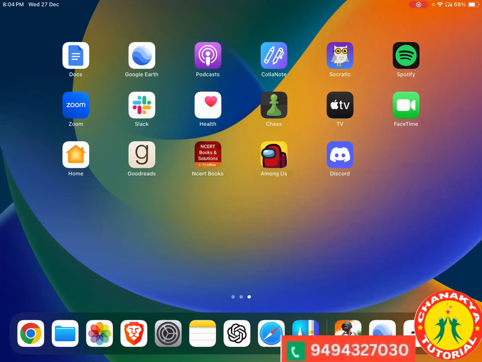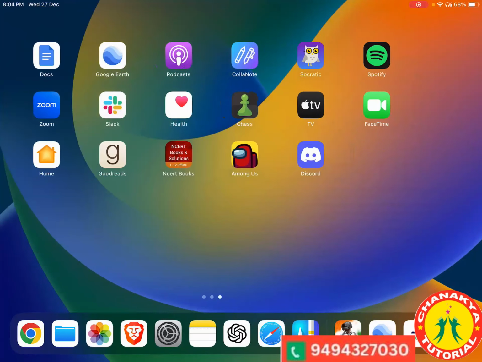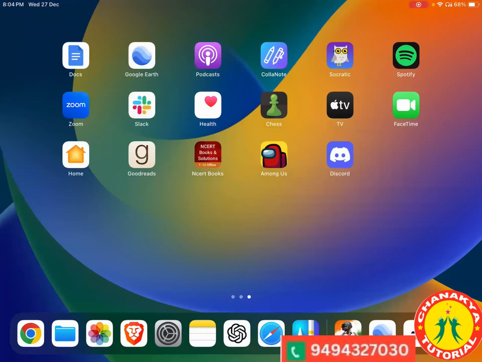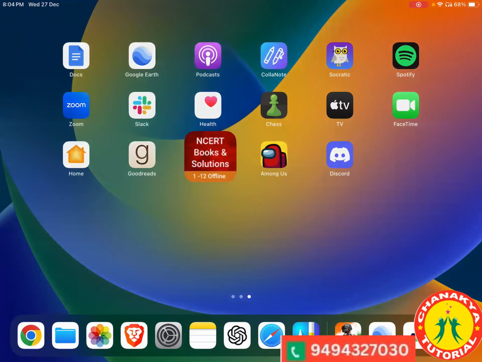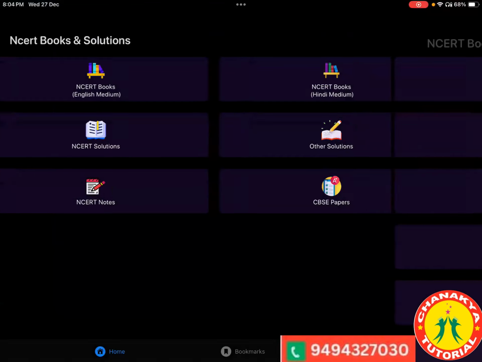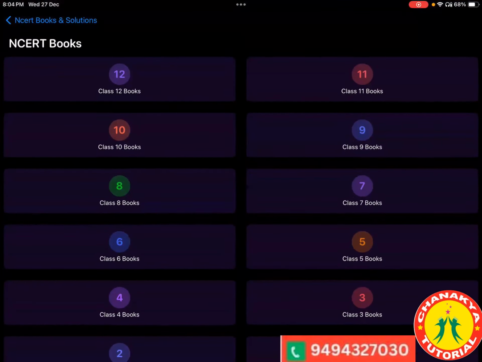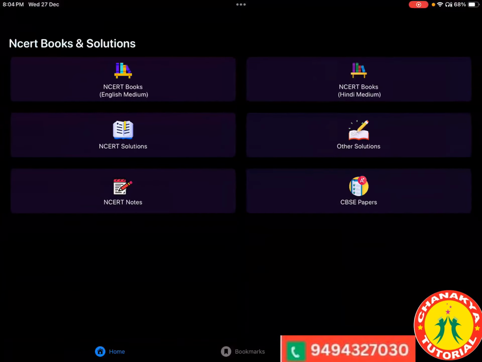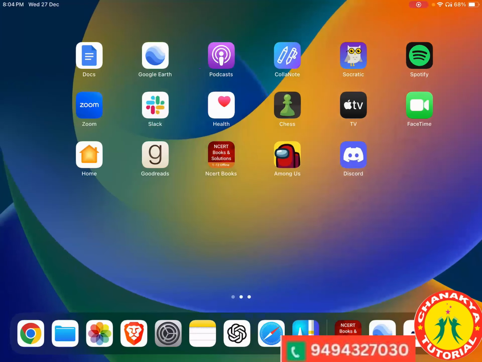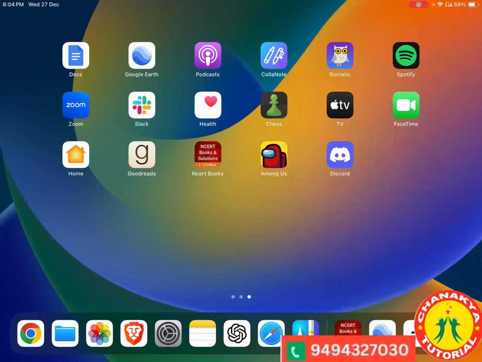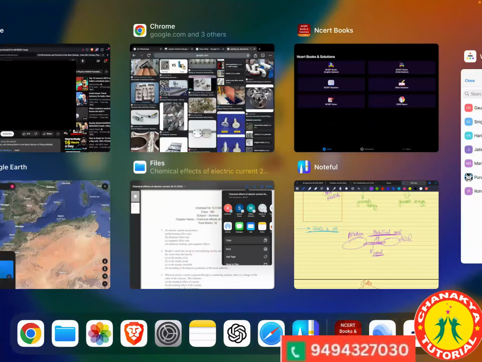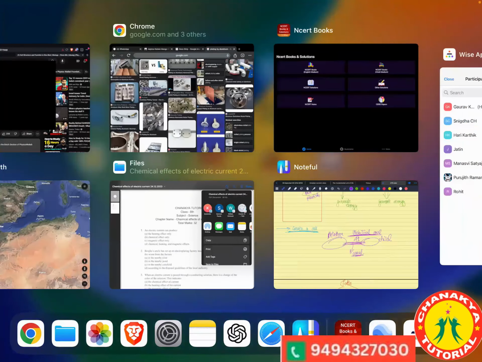The third last one. This contains the NCERT book and all of the classes. So for a soft copy, you can install this application, but for the hard copy, go to any stationery shop and you will find NCERT books.